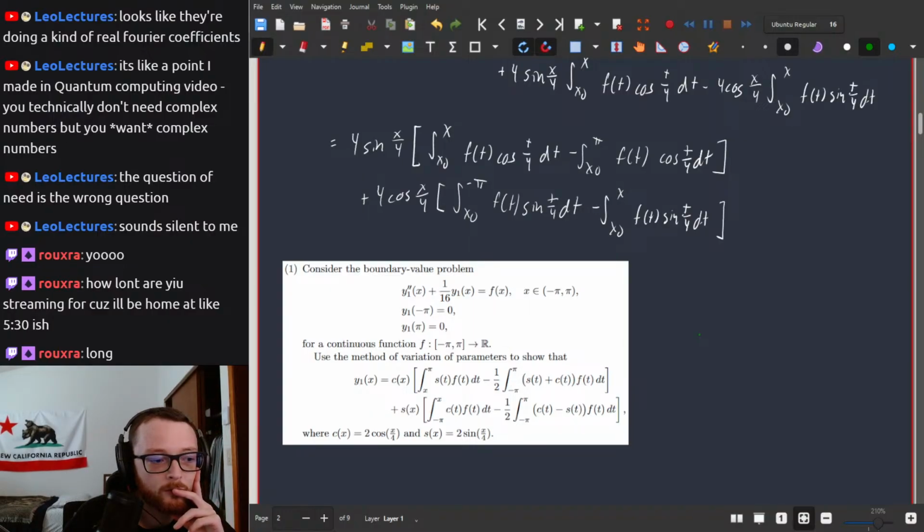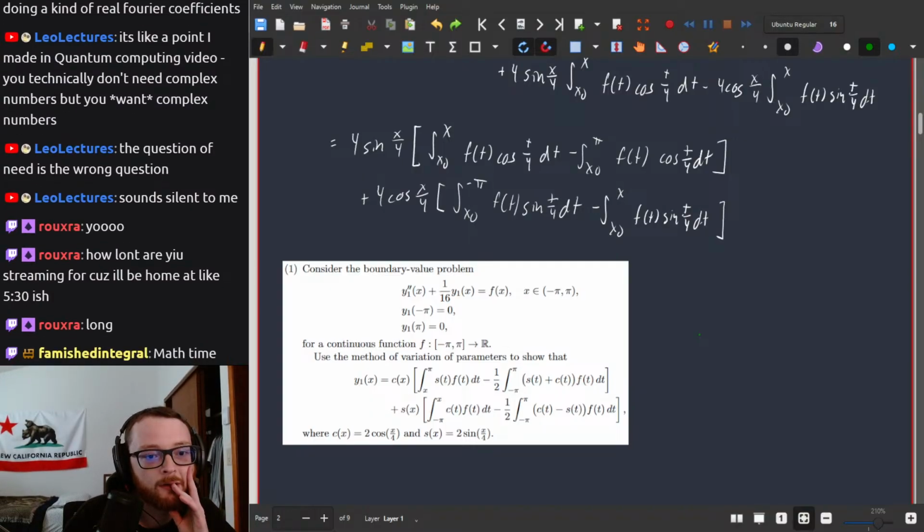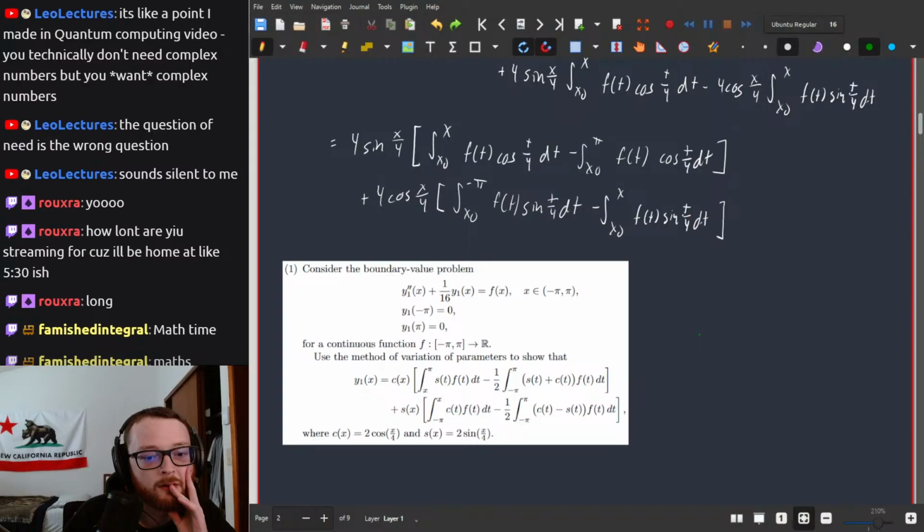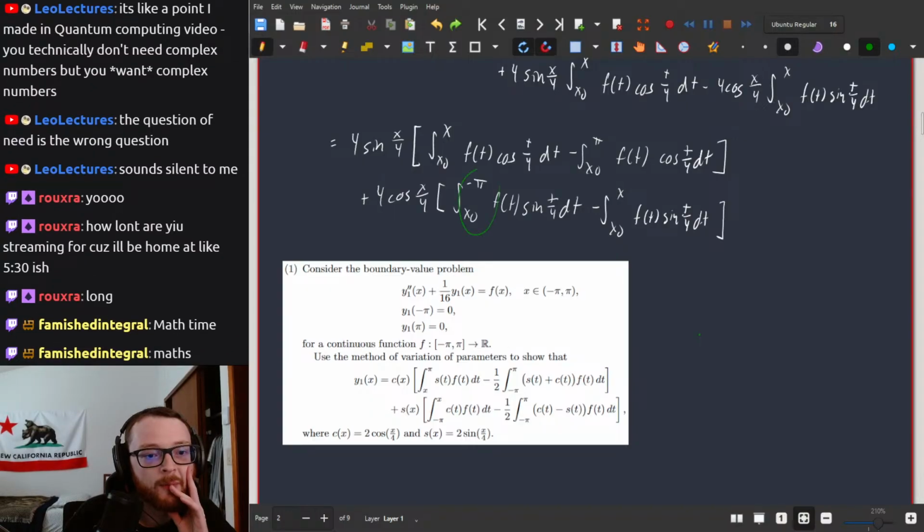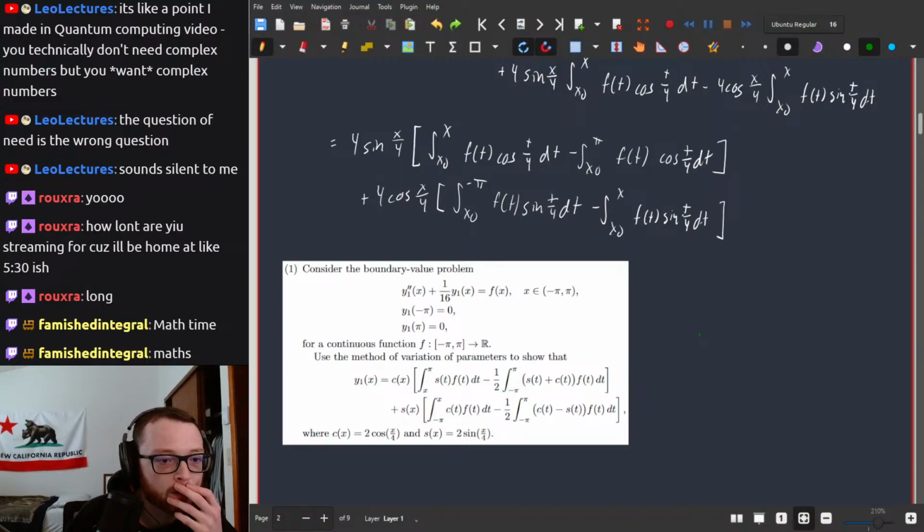So... we have an integral here from minus pi to pi. The only way I can think of that we can possibly get that is if we somehow combine these two integrals. Hey, Famished. Sure is. The coefficients in front are a problem.